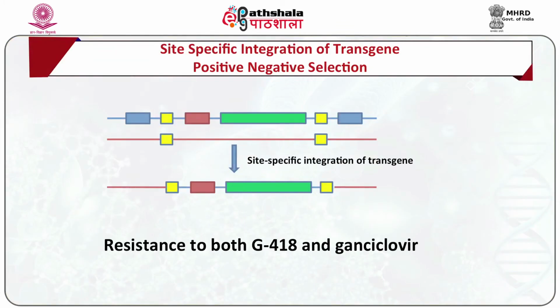Therefore, the cells without integration of the transgene do not survive, and only the cells with integrated transgene survive. In the presence of ganciclovir, the cells that express thymidine kinase convert ganciclovir to toxic compounds which kill the cells.